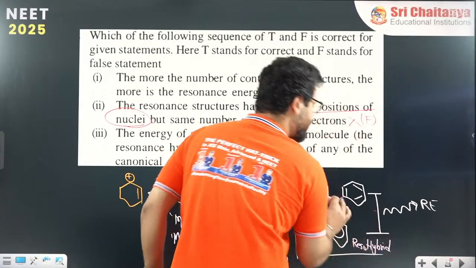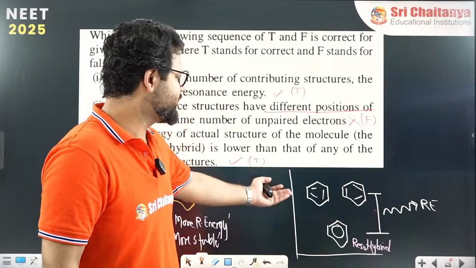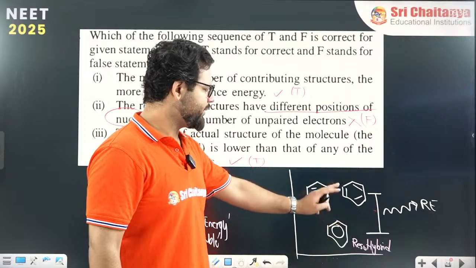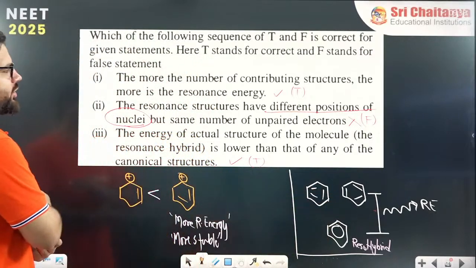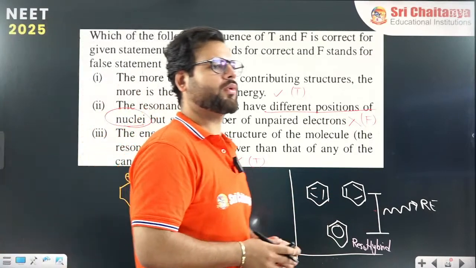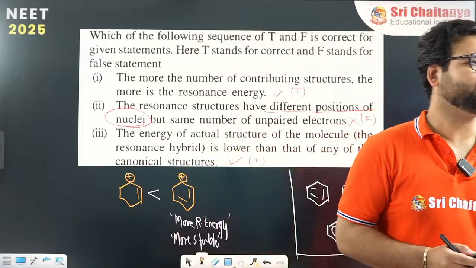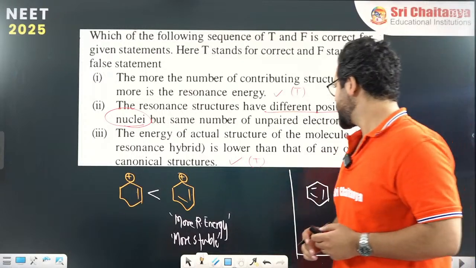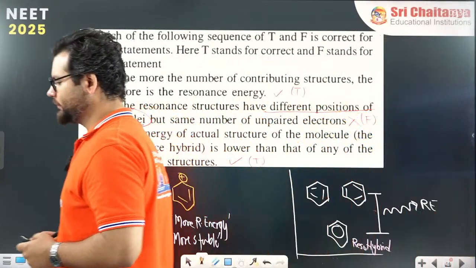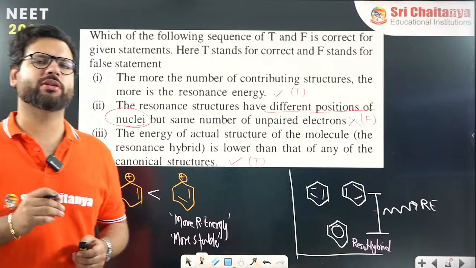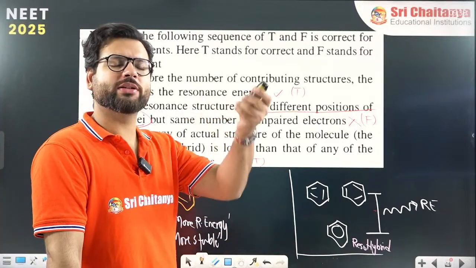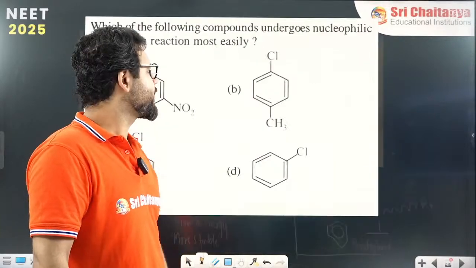So you take the bottommost canonical form, in this case both are the same, and the resonance hybrid. Their difference is called resonance energy. So true, false, true. Okay, keep remembering these things. Actual structure means resonance hybrid. It always has lower energy as compared to our imaginary structures or canonical forms.